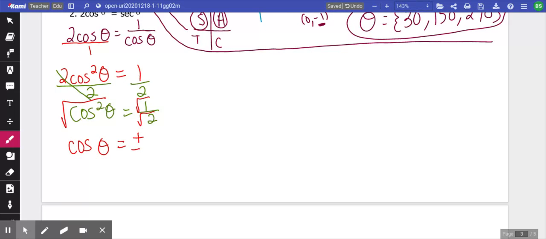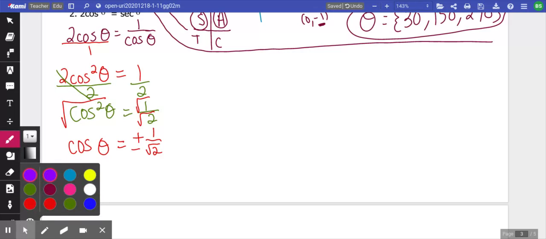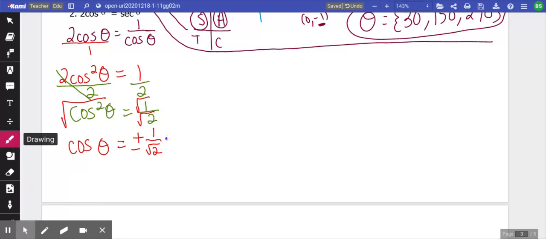The square root of 1 is 1, and the square root of 2, we're just going to leave as the square root of 2 for now. Okay, remember, we're not allowed to have a radical in our denominators, so we're going to rationalize this fraction here. So what that means we're going to do is multiply by the square root of 2 over the square root of 2. That will get rid of the radical in the denominator. So cosine theta is equal to plus and minus the square root of 2 over 2.